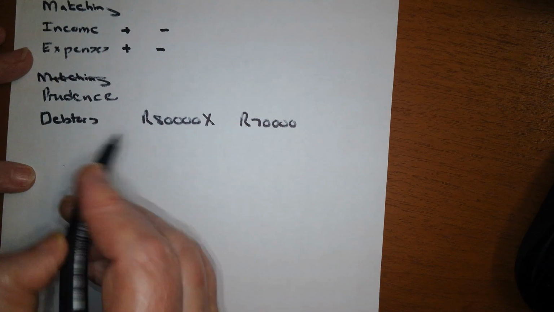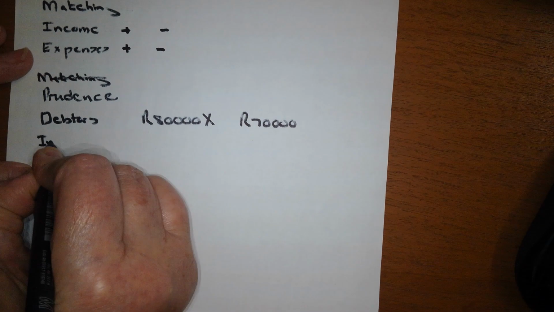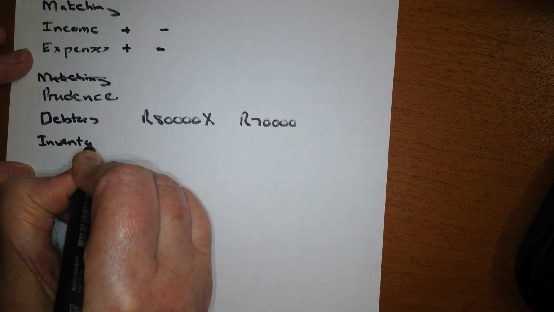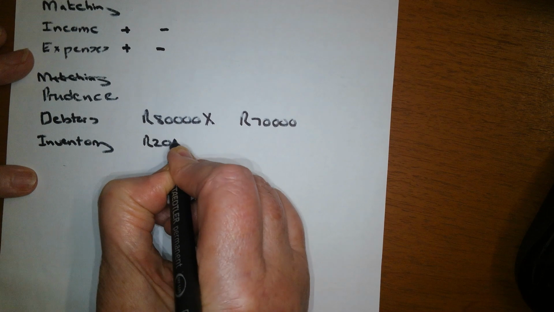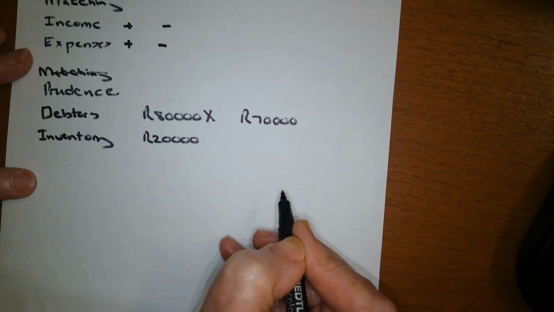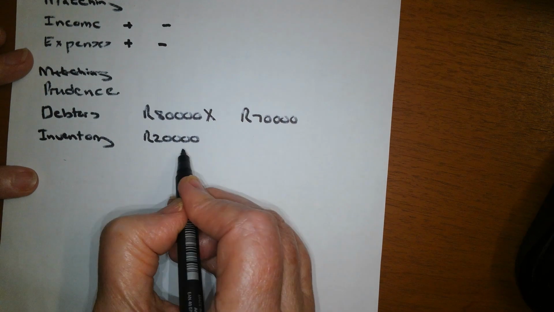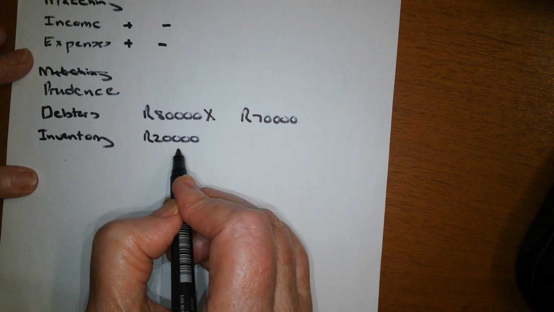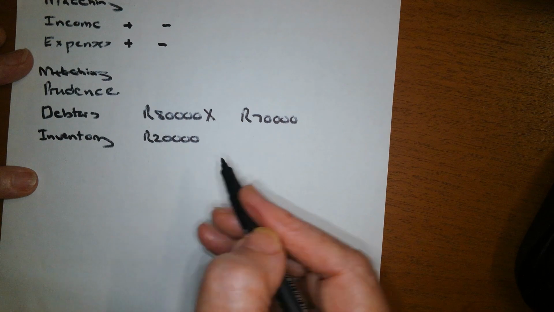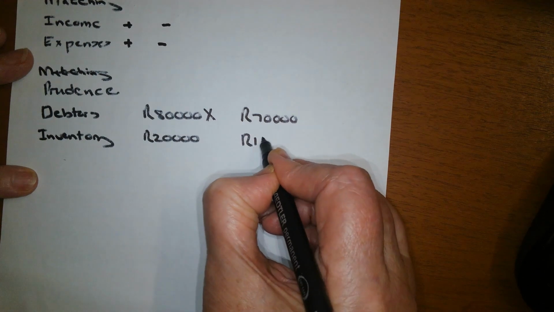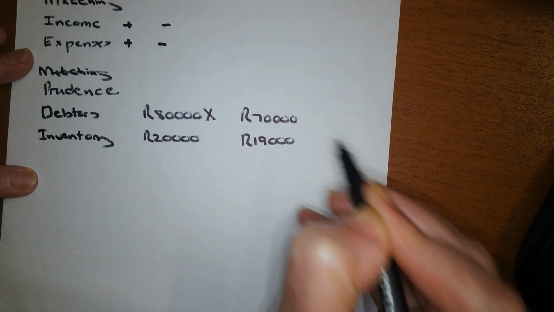If we, for instance, have inventory, and the inventory cost price was 20,000, and now some of this inventory is damaged, and I know that I'm not going to be able to sell it at cost price, then I'm going to show how much will I get in the future.